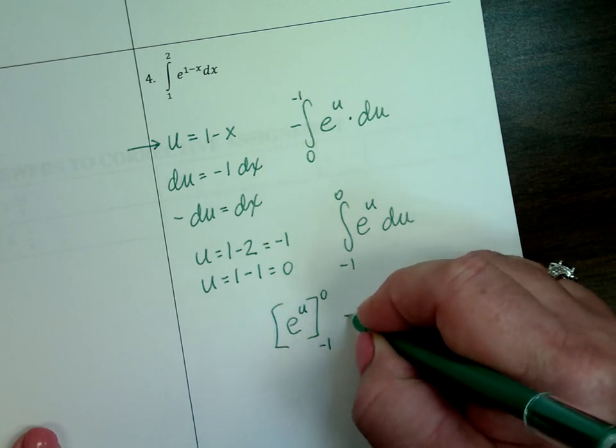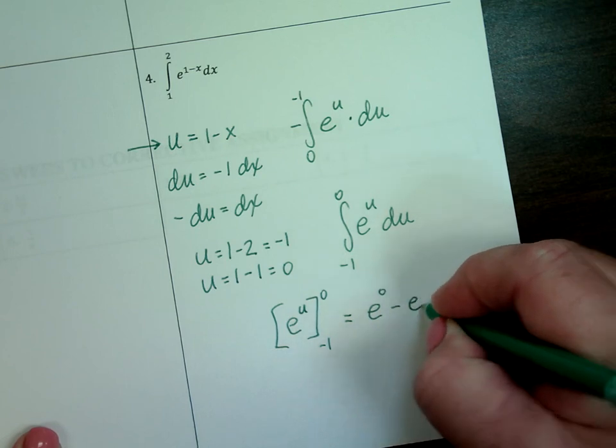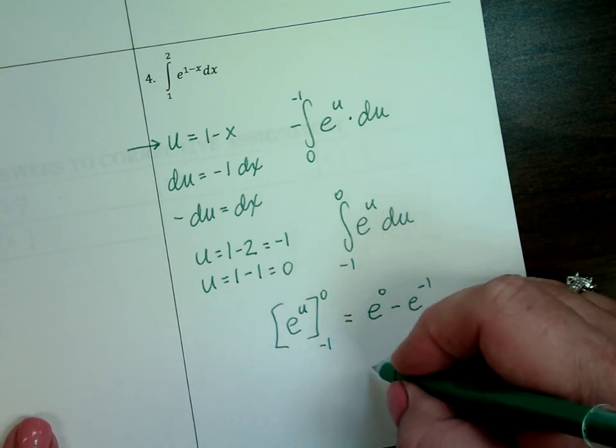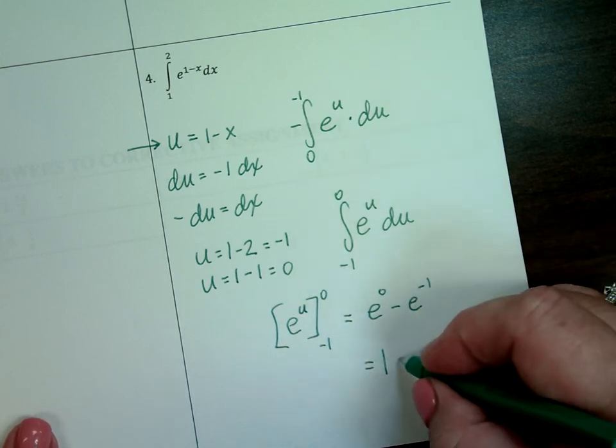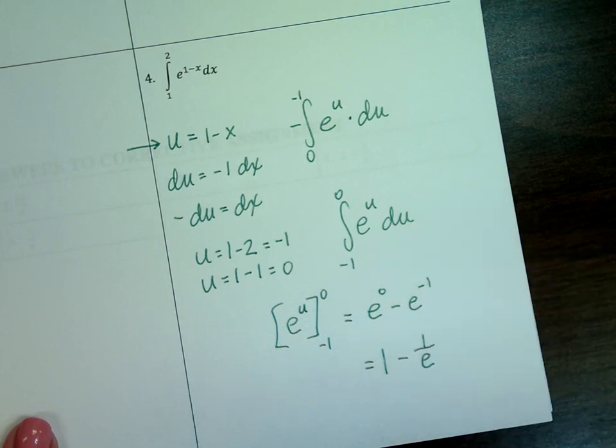It's going to be e to the 0 minus e to the negative 1. E to the 0, anything to the 0 is 1. E to the negative 1, you can leave it as e to the negative 1. You can put it as 1 over e. I think they put it as 1 over e. Same thing. Doesn't matter.